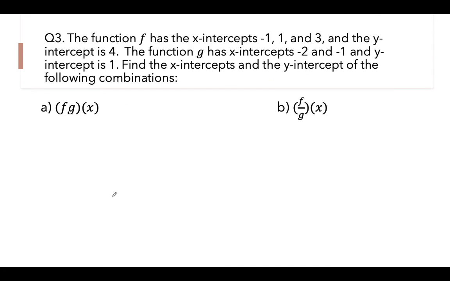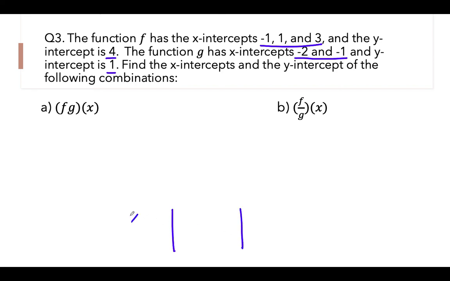Question 3. The function f has the x-intercepts -1, 1, and 3, and the y-intercept 4. The function g has x-intercepts -2 and -1, and the y-intercept is 1. Find the x-intercept and the y-intercept of the following combinations. First, let's make a table of values in organized form.